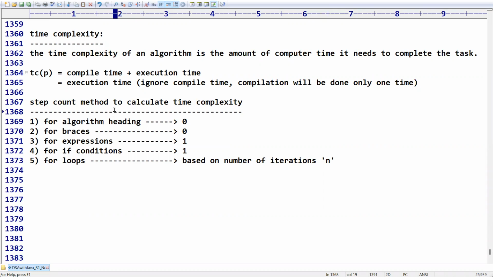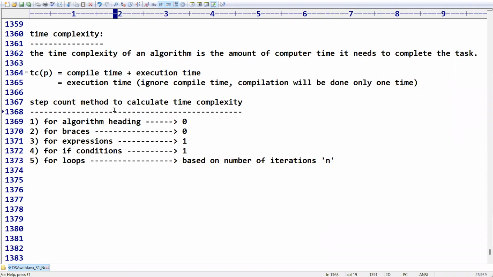Clear? Yes, sir. See, there are two things: compilation and execution. Time complexity means, if I am constructing a house, I will proudly tell you my house construction took 6 years. But in future, if anyone asks how many days you have been in that house, I will say I have been in this house for about the past 2 years.